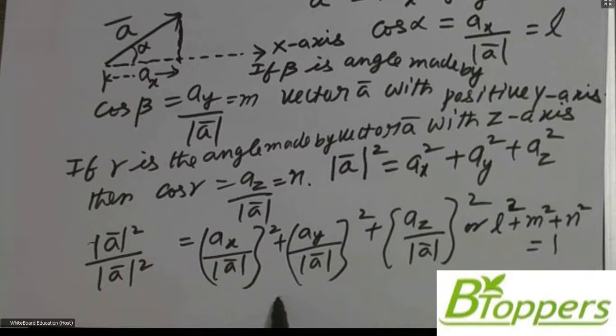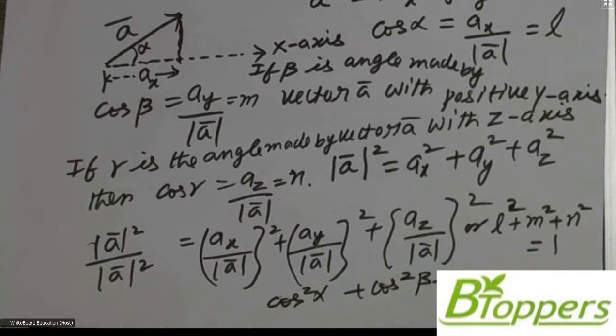Or you can write cos square alpha plus cos square beta plus cos square gamma equal to 1. So sum of the squares of the three direction cosines of any vector is unity.